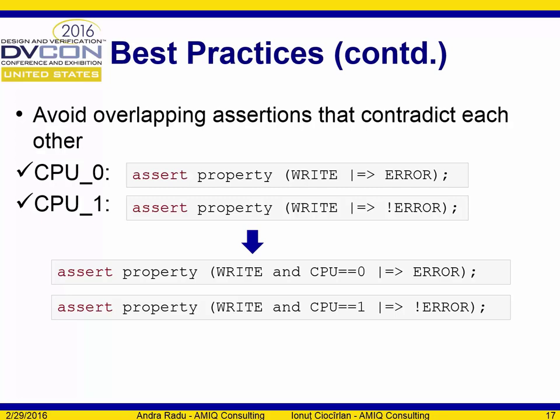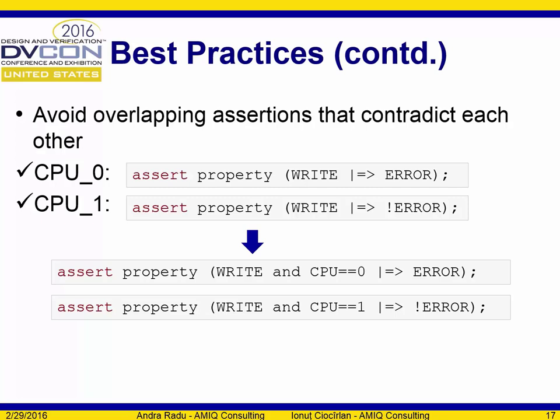So what you could do is insert IDs in this example, in which you know that CPU 0 behaves in one way and CPU 1 behaves in another way. It's a very simple best practice, but it could be good to think about it before you start implementing the assertions.